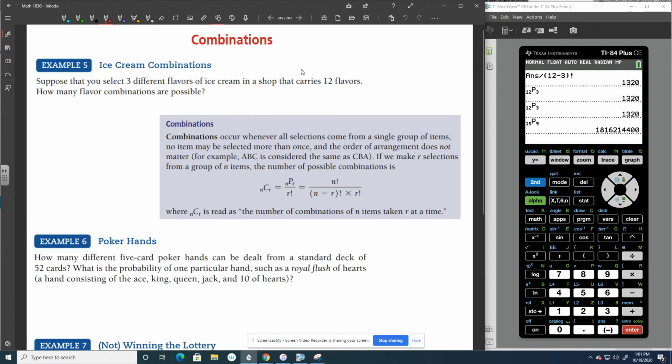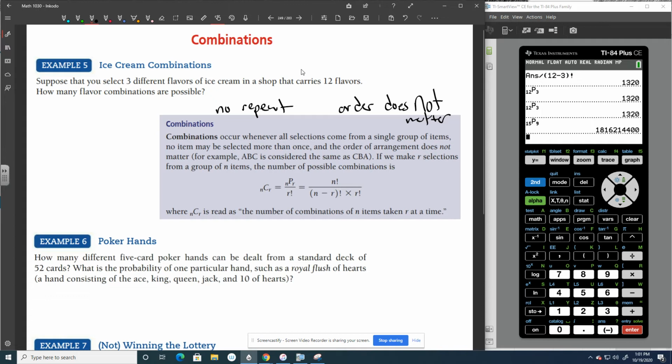Now, a combination is when you still can't repeat. So we still have this situation where there's no repeats. But in combinations, the order does not matter. Okay? Permutations, order matters. In other words, the mayor is the one with the most votes, or the batting order matters.